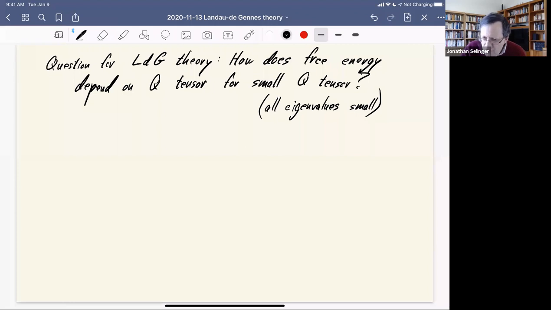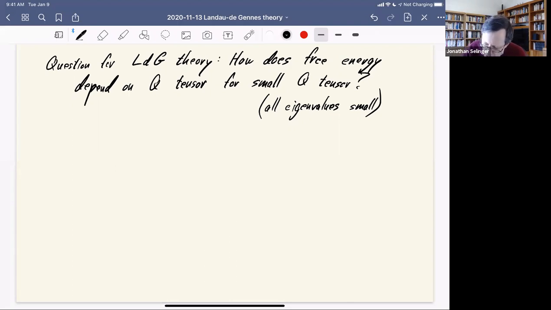Let's approach that with the same style as what we did for the Ising magnet. In the Ising magnet, the question was, how does the free energy depend on the magnetic order parameter for small magnetic order parameter? And our answer was, whatever it is, there must be a power series for it. So we'll assume the same thing here. Whatever the dependence is, we must have a power series to represent it.